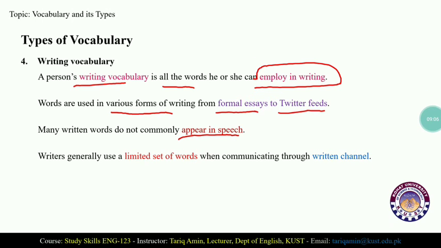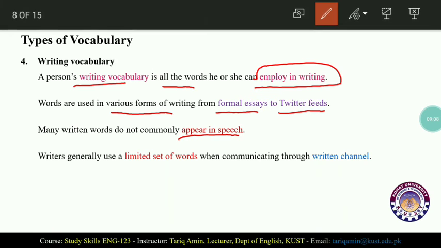Writers generally use a limited set of words when communicating through the written channel. We had discussed two channels. The first one was the oral channel and the second one was the written channel. The written channel is more formal than the oral channel, and it has formal words and a limited set of words.